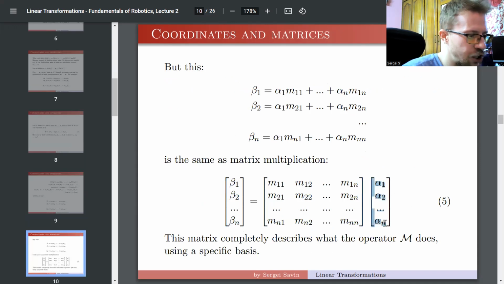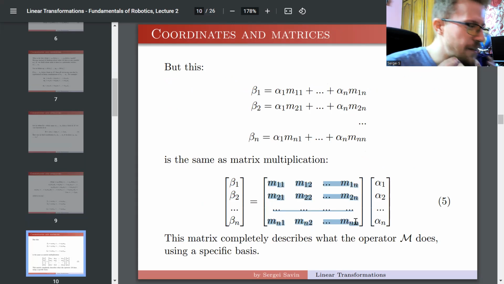This is the coordinates of the original vector in the basis, of the resulting vector in the basis, and this is a representation of the operator in the basis. I think now maybe you start to grasp what basis actually means, right? It means everything when you talk about coordinates.